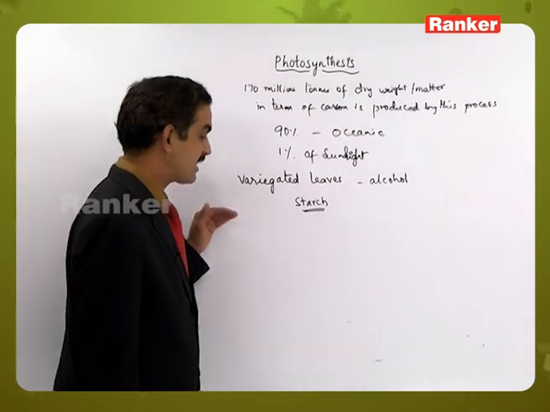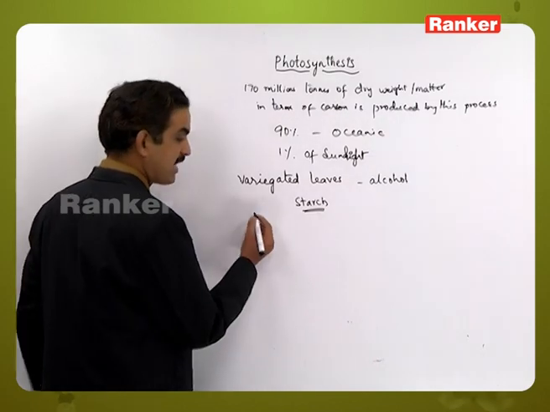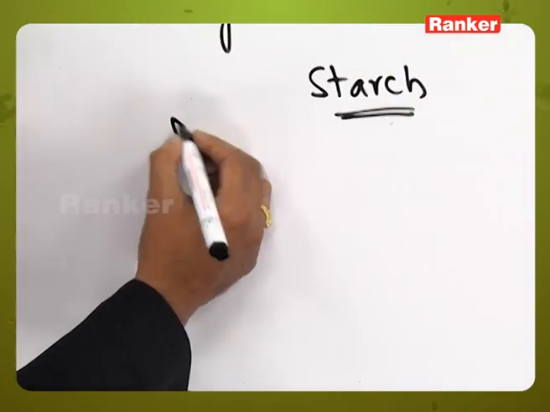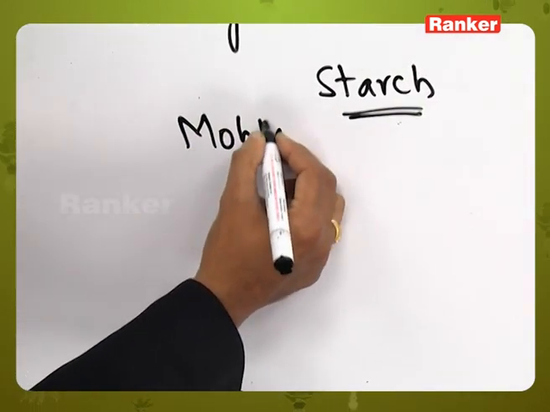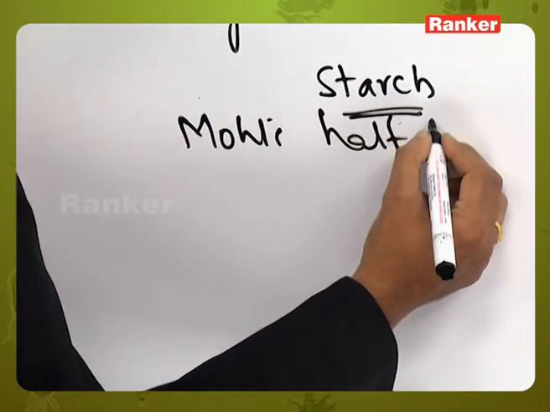Many such scientists did experiments. Let us take one example, Moll's half leaf experiment.